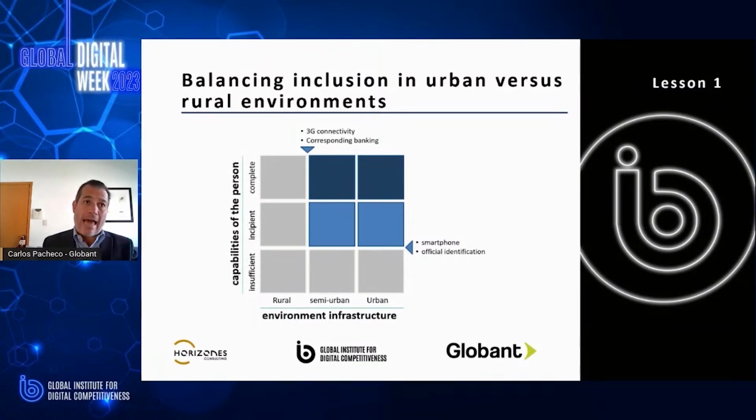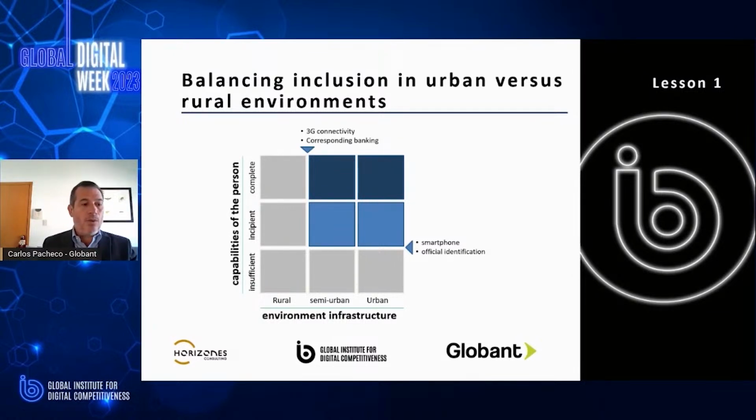On the vertical axis, we have the capabilities of the person. What can the person do as an individual? And we can see that these capabilities really expand with the use of a smartphone. So the smartphone is a very important element in the priority segments.